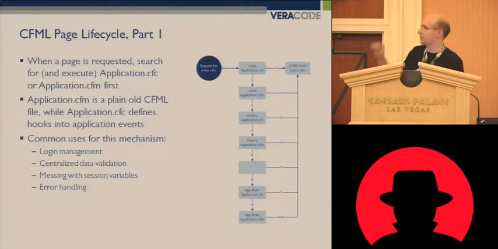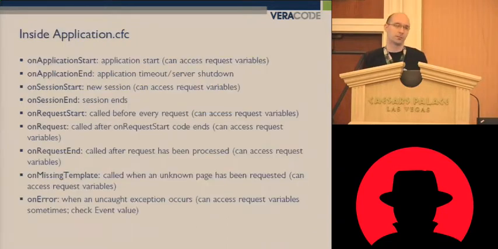Application.cfc lets you define certain entry points. I don't know if it's on this slide or not. But basically, you can say, when the request starts, run this code. You can have separate functions for these: when a session starts, when the application starts, when the server starts, you can have it run separate things. So it gives developers a little bit more flexibility.